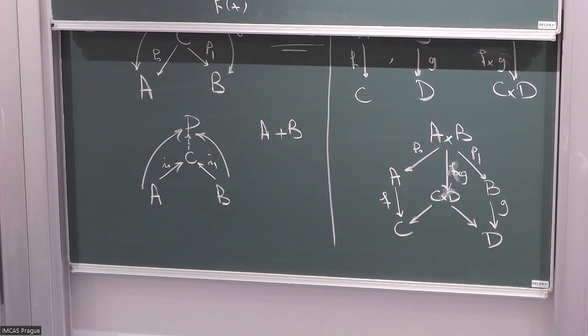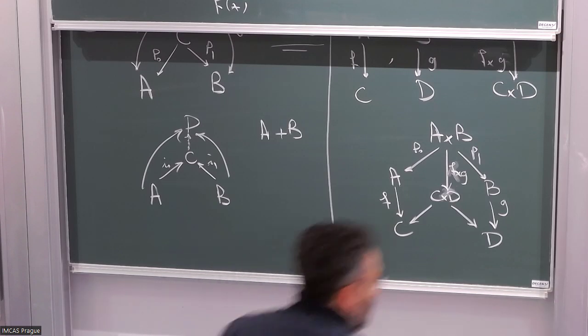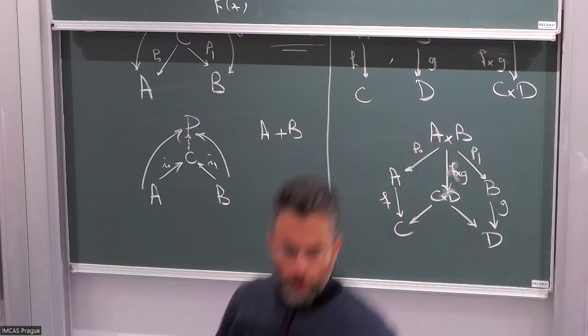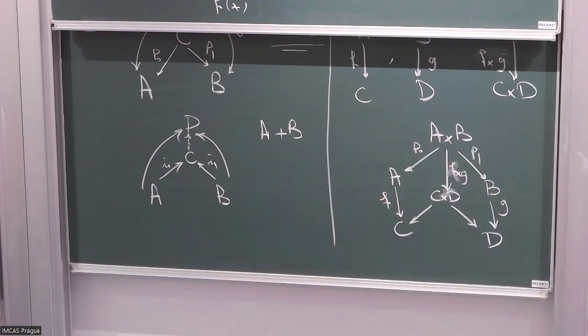You have X mapping to Y, and what I want is just the subset of X that equalizes F and G. Usually you have two functions and you pick the elements of X such that F and G are equal.